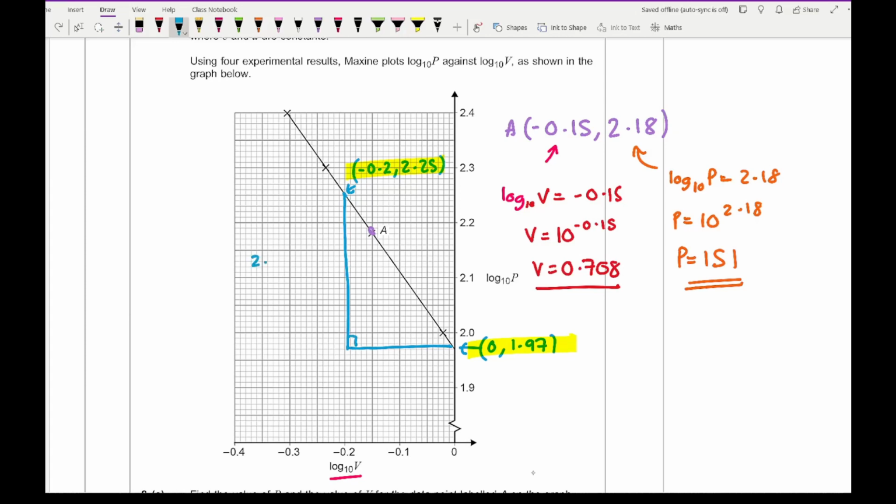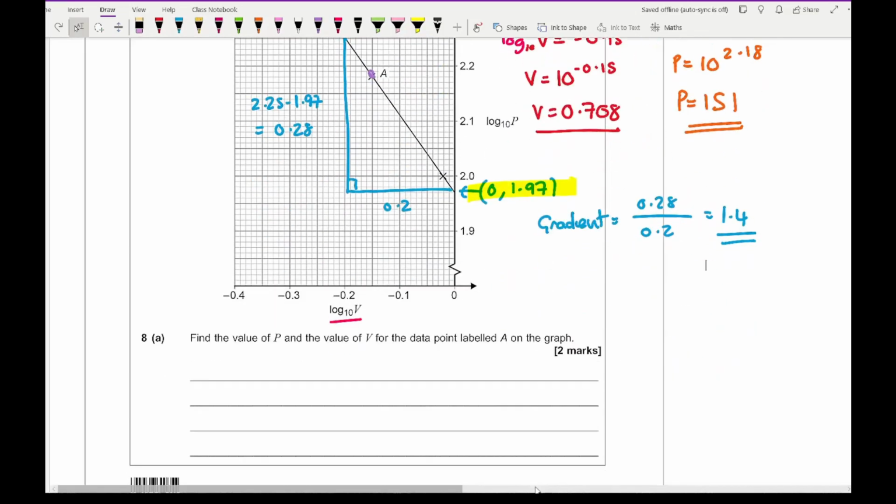So the height is going to be 2.25 minus 1.97, and typing that into my calculator gives me 0.28, and this length here is going to be 0.2. So the gradient is going to be 0.28 divided by 0.2, and that gives me an answer of 1.4.